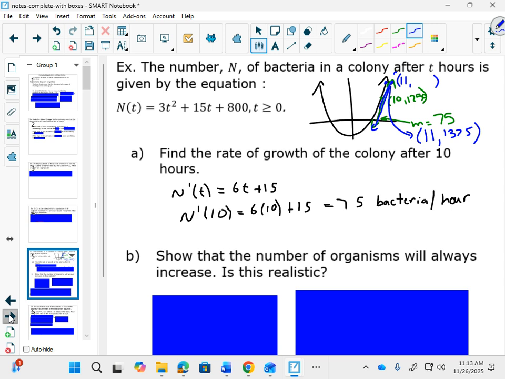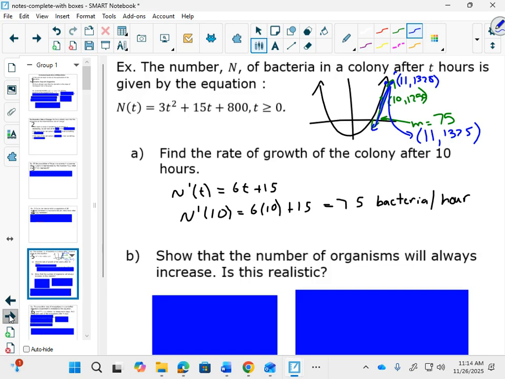That's going to be on my tangent line. On my actual equation, if I plug in 11, so 3 times 11 squared plus 15 times 11 plus 800, I get 1328.